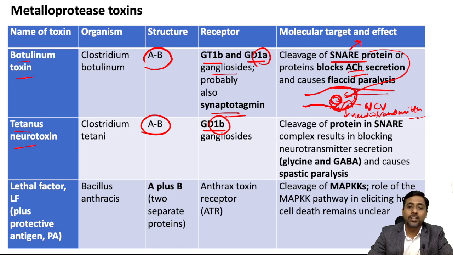However, in case of tetanus neurotoxin, this cleavage of the snare protein complex results in blocking of neurotransmitters containing glycine and GABA, not ACh as in case of botulinum. So what will it lead to? It will lead to spastic paralysis because these neurotransmitters act on the inhibitory terminal, so it will not act on the inhibitory terminal. So this is the difference.